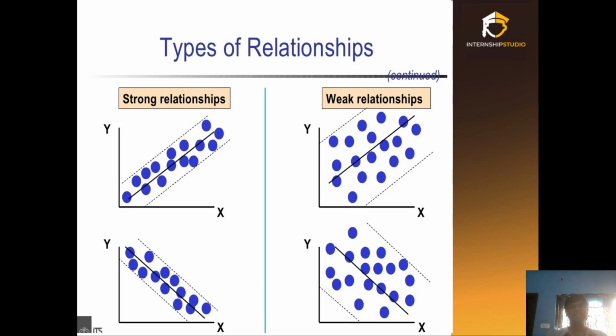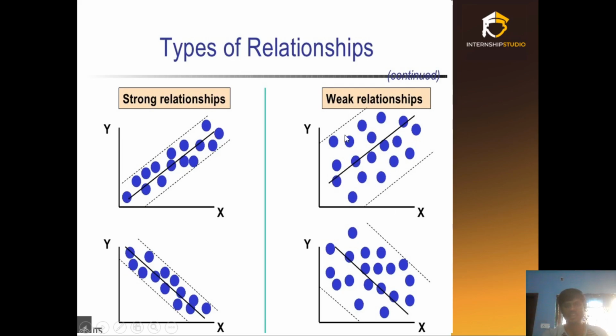Then, what other types of relationships exist? You have strong relationships, in the sense of how the samples are spread. Here you have a tight spread. In this other kind of relationship, you have more scatter.